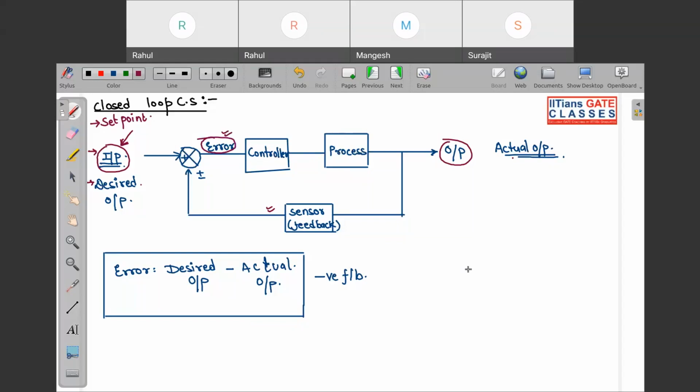If over here the output is subtracted from the input, then this is negative feedback, and if these two are added, you will say that this is a positive feedback system.